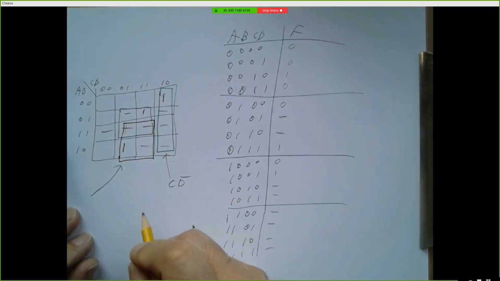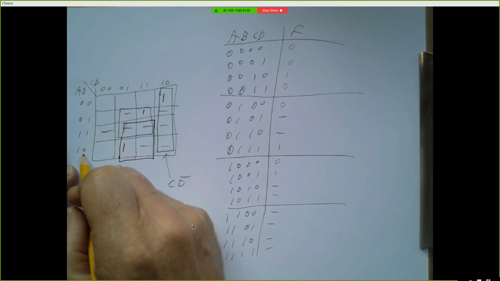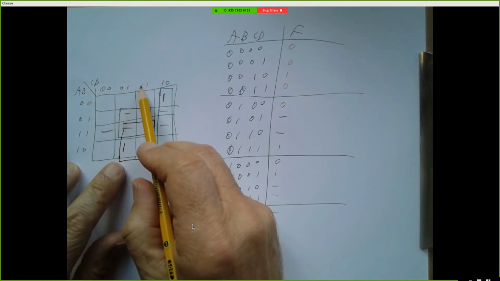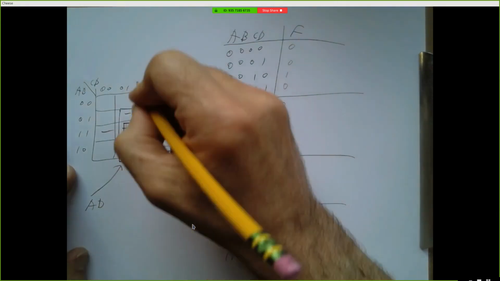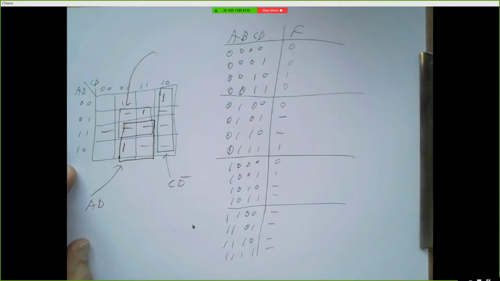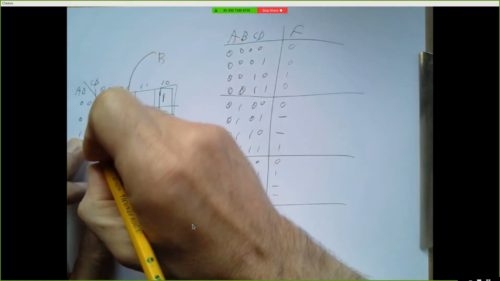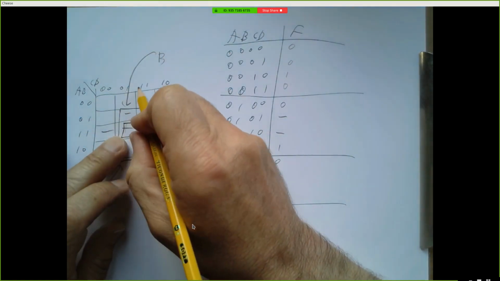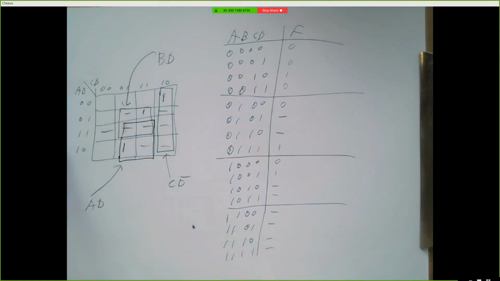This lower 2x2 rectangle, A has to be a 1, B doesn't matter, C can be a 0 or 1, doesn't matter, and D has to be a 1, so that's just AD. And this top rectangle, A can be 0 or 1, B has to be a 1, C can be a 0 or 1, and D has to be a 1. And so that's just BD. So it's a much simpler expression.